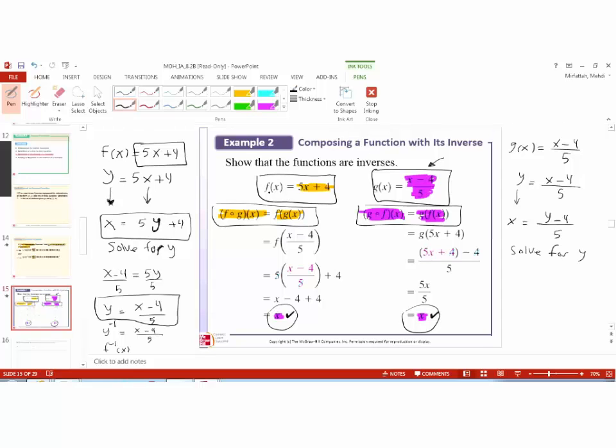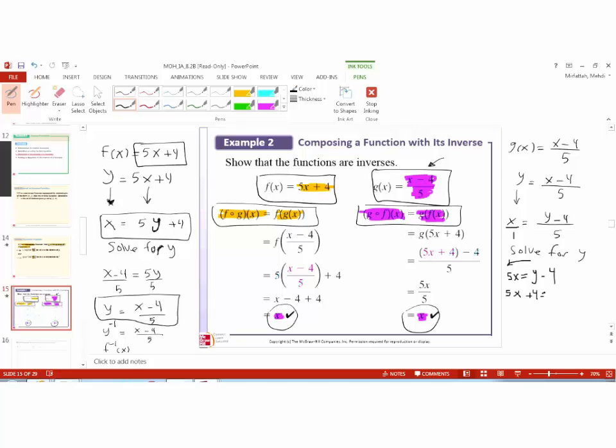Okay, so here we're going to solve for y. In order to solve for y, you can put the denominator of 1 here, and you can cross multiply. So that would be 5x is equal to y minus 4, and then to solve for y, I can add 4 to both sides of the equation like that.